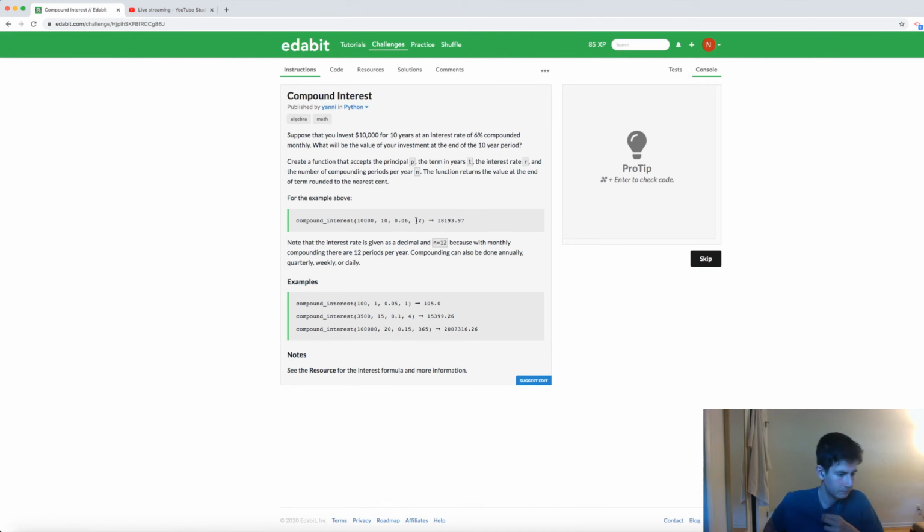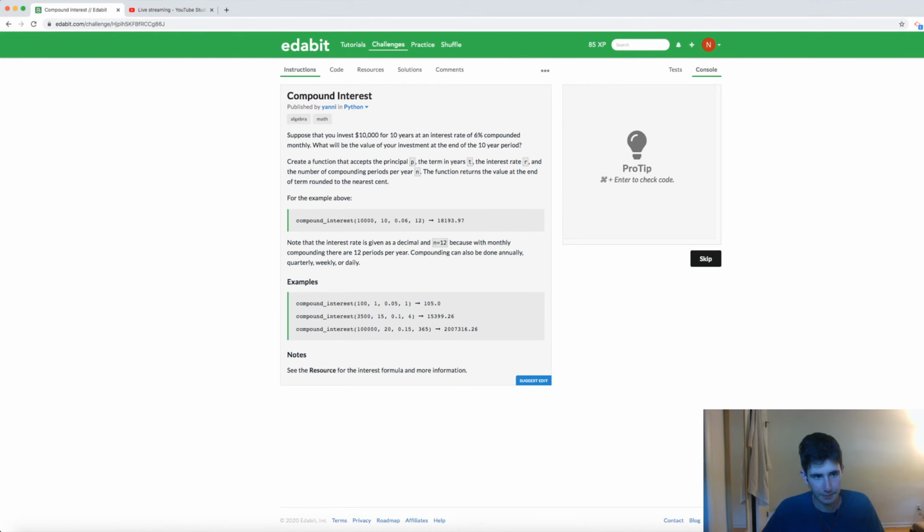So n equal to 12 means that it's going to compound monthly. So we're going to add the interest every month. Cool.